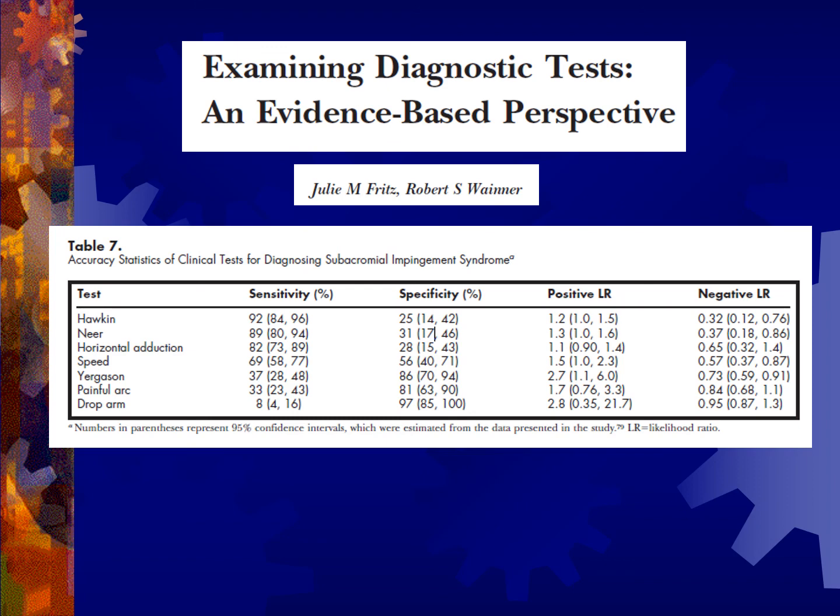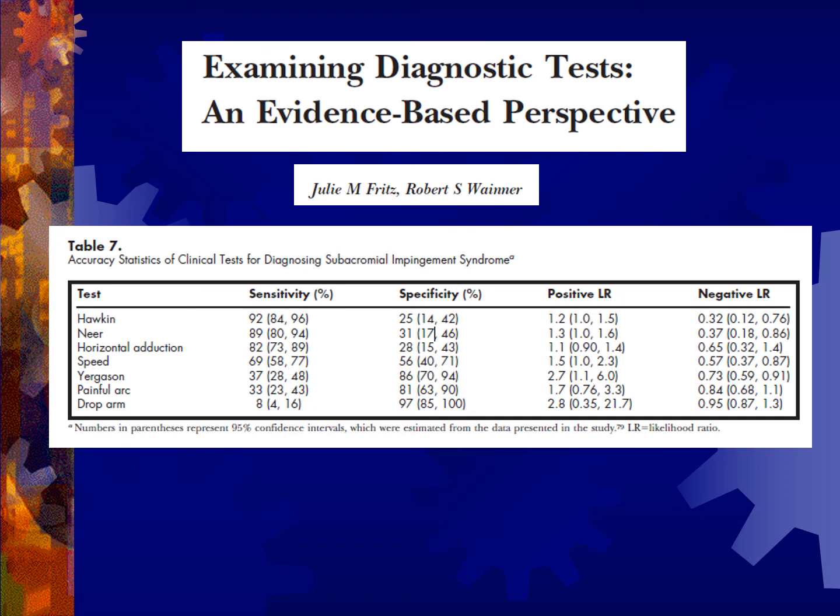And if we move over to the positive likelihood ratios there, we see that there may be some utility with respect to Jobe as well as drop arm. We're beginning to get above that 2 point, close to 3, where there may be some clinical significance associated with those. So nonetheless, using sensitivity as well as likelihood ratios, it really helps us determine whether or not our tests and measures, given a positive or negative result, really help us rule in or rule out pathology.